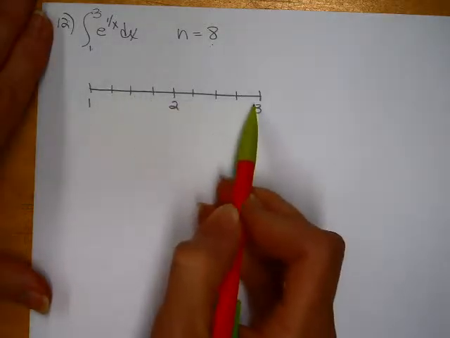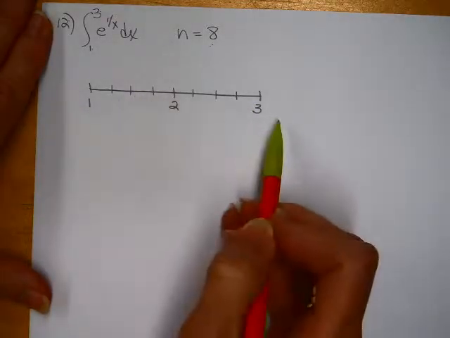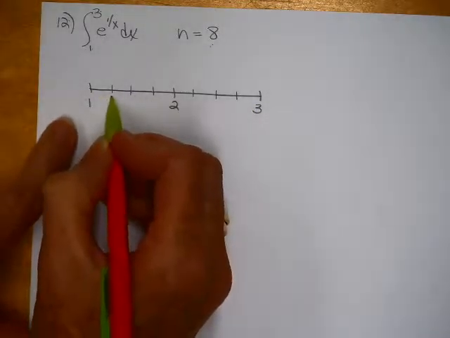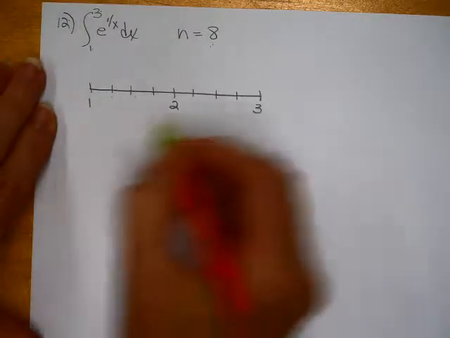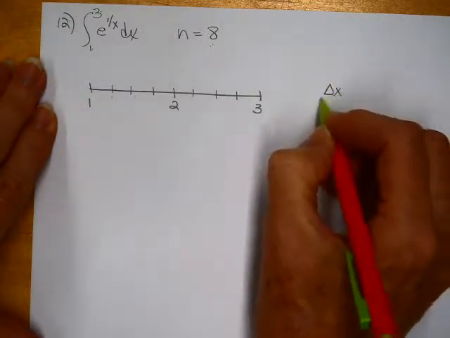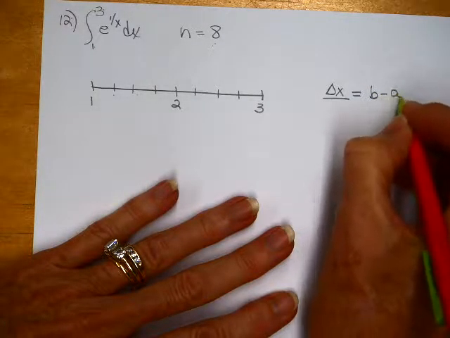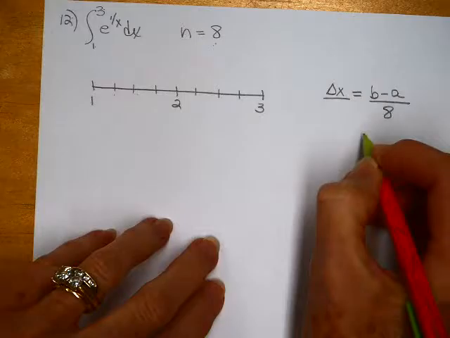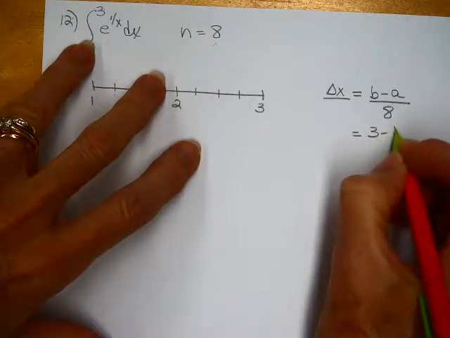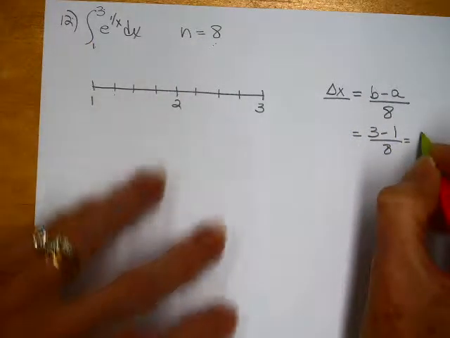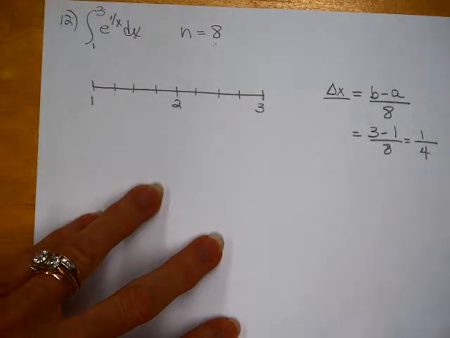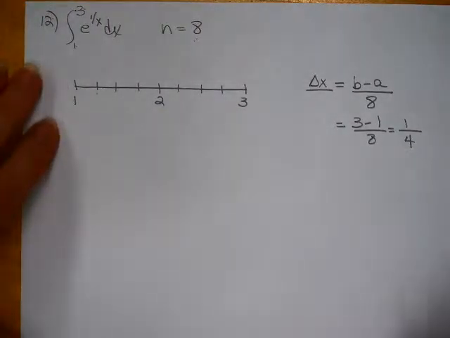I need each one of these endpoints because I'm going to have to evaluate these endpoints. How far apart are these? Well, I'm going to need delta x. Delta x is b minus a over 8. So it's 3 minus 1 over 8. That's going to be 2 over 8, which is 1/4. So each one of these is 1/4.